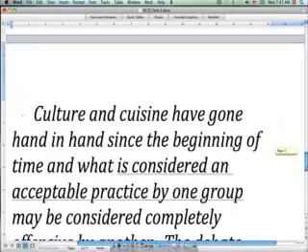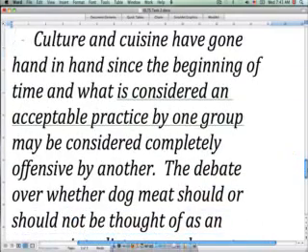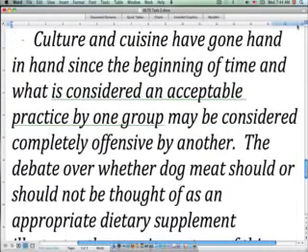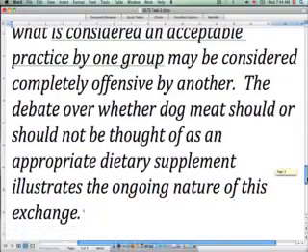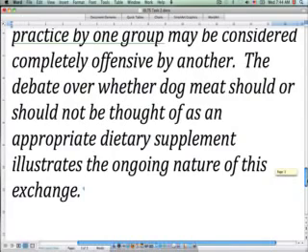Okay, so culture and cuisine have gone hand in hand since the beginning of time, and what is considered an acceptable practice by one group may be considered completely offensive by another. The debate over whether dog meat should or should not be thought of as an appropriate dietary supplement illustrates the ongoing nature of this exchange.